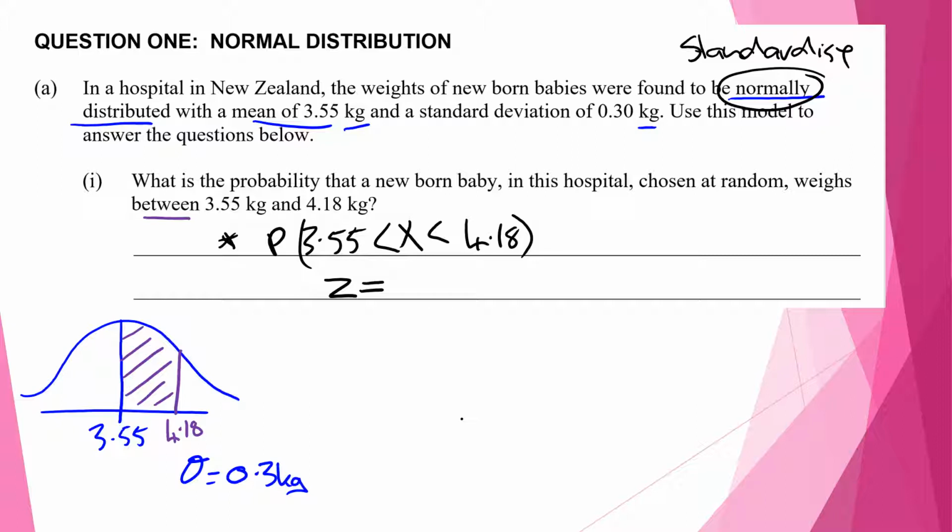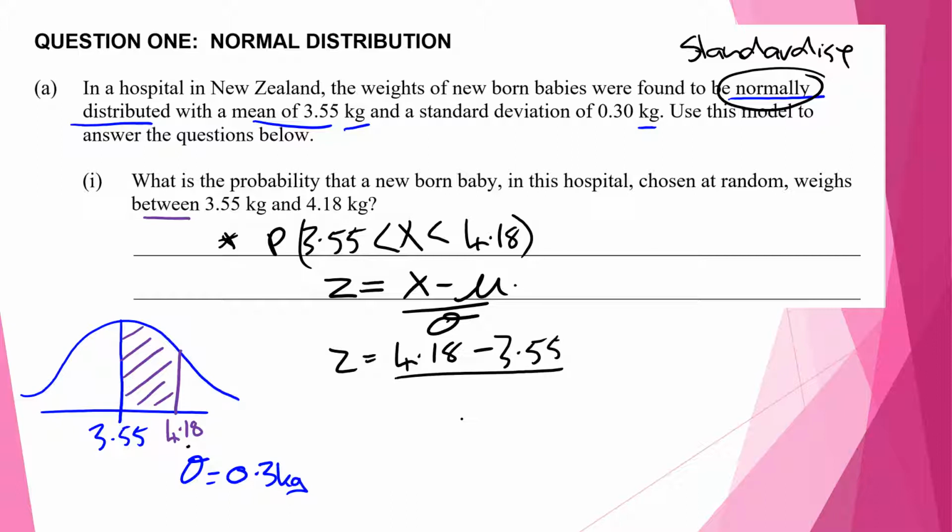So our z value is found by using the formula given on your formula sheet, where x is the value that we're looking at, in this case 4.18, so z equals 4.18 minus mu, the mean, 3.55, over our standard deviation of 0.3.